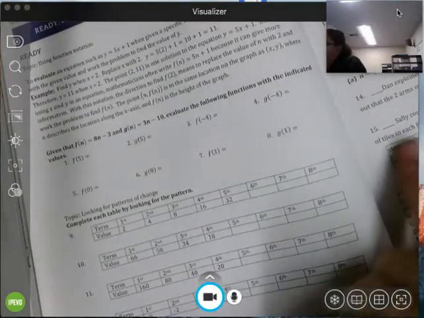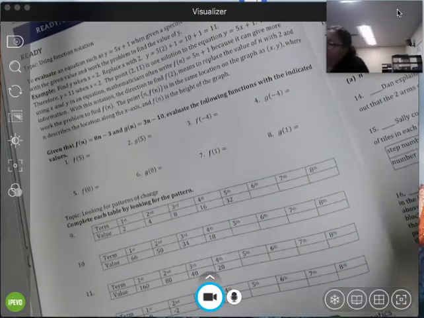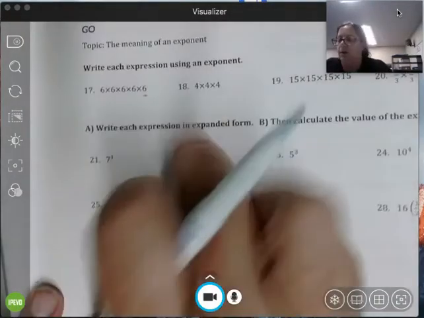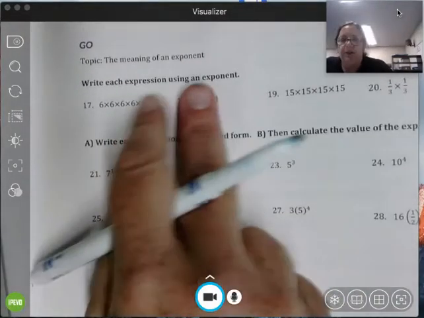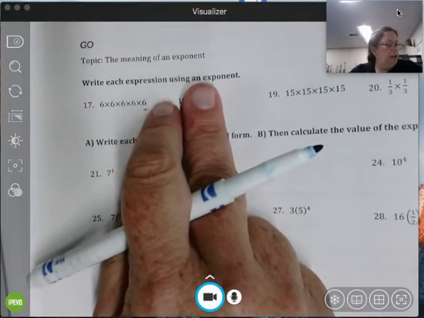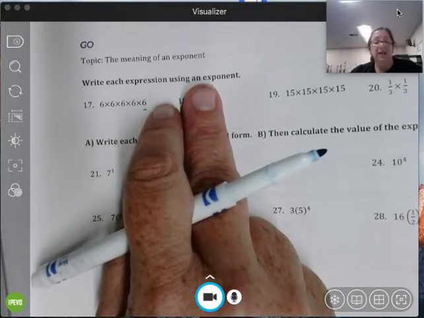The other part of your assignment was these exponent problems. Let me zoom in a little bit here. Something I noticed when I was looking over folks' homework was that some people didn't read the instructions. Instructions say write each expression using an exponent. So you didn't actually have to figure this out.